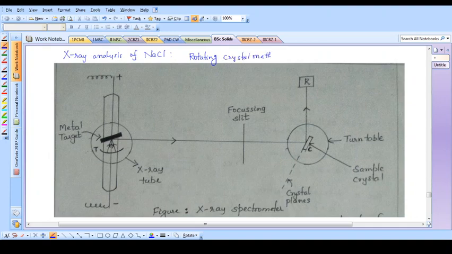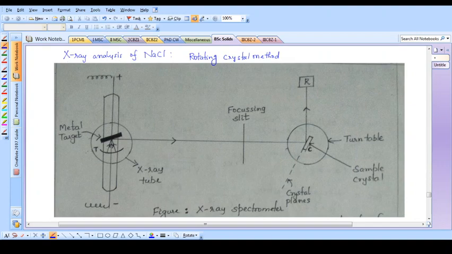This is one of the widely used methods for determining the crystal structure. As the name suggests, here the crystal that is mounted is rotated and it is exposed to X-rays at various angles.